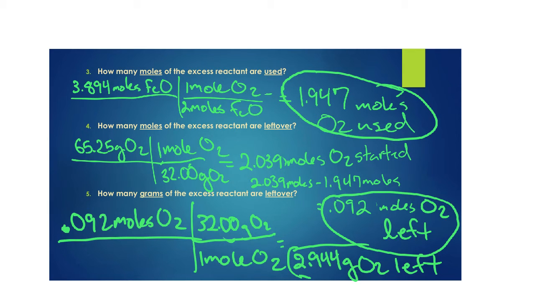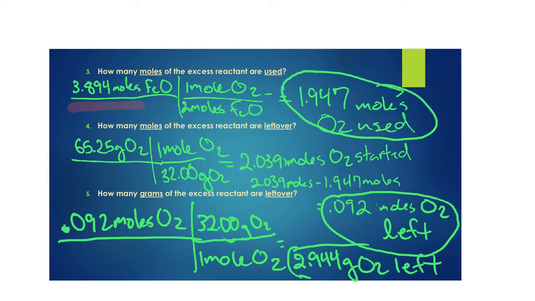Okay, so if you further went on solving this problem, we wanted to figure out how much of the excess reactant do we have left. Now, in this case, what I did was I compared it to a value that we already solved for, because again, we can use the mole ratios in any way.